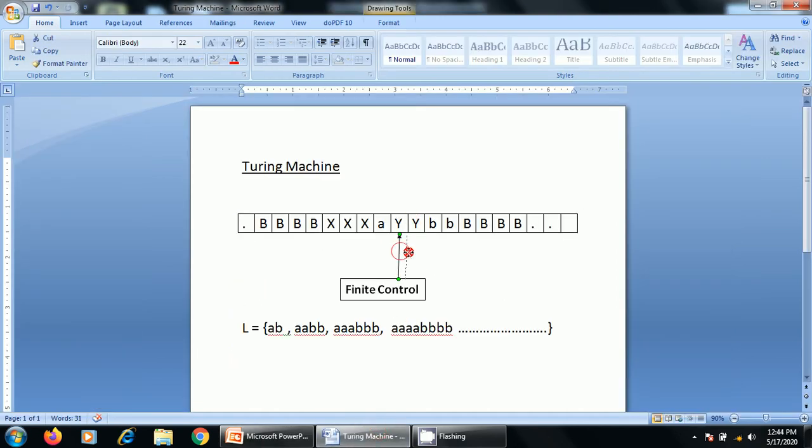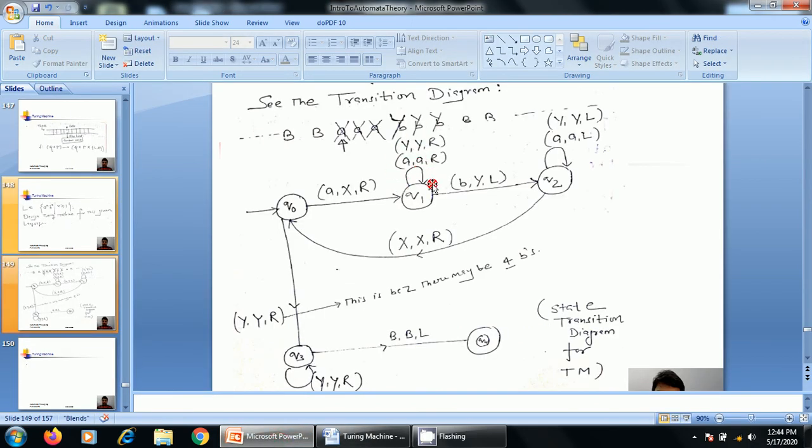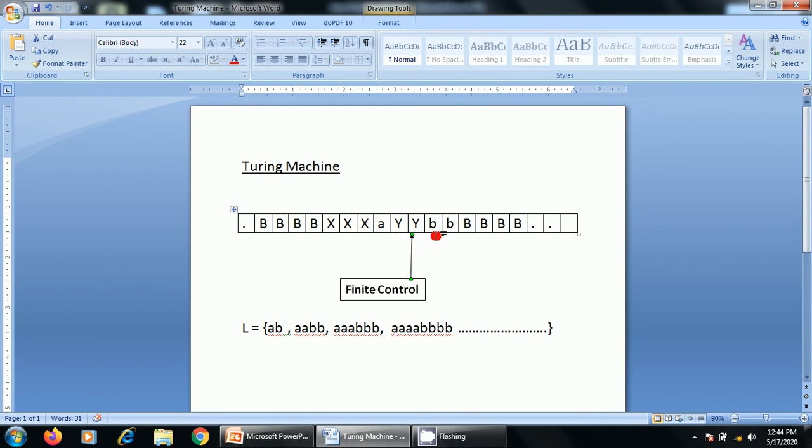Keep it y and move right. There may be a number of y, that is why this is a loop.